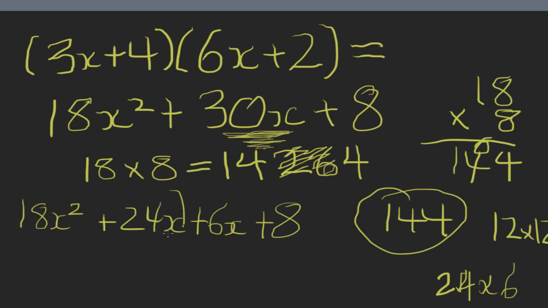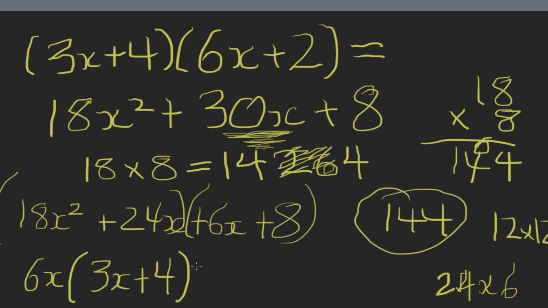So if we look at it like that, the first part, they're both divisible by 6. So you can put 6x on the outside because both terms have 6 and x as factors. And we do 3x plus 4. That will make 18x squared plus 24x.